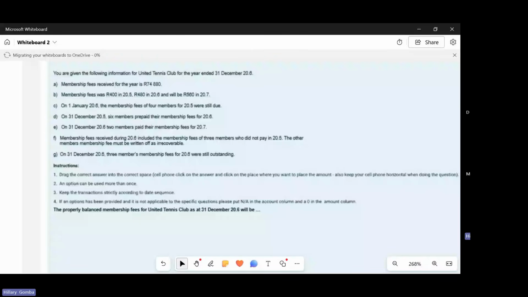And then they say membership fees was 400 Rand in 2025. Membership fees for 2026 was 480. And then for 2027, it will be 560. Do you see? That's exactly how they ask. 3 years membership fees.